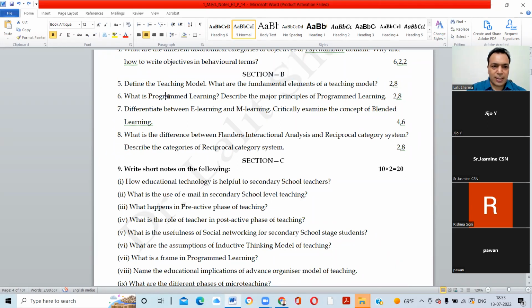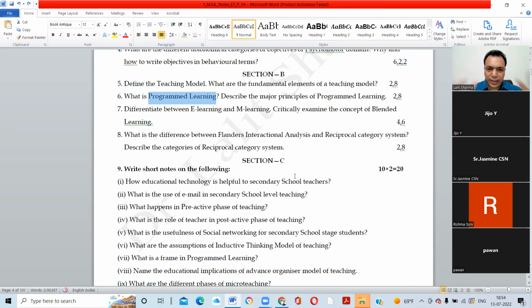Then the question has come, what is programmed learning? Describe the major principles of programmed learning. So here he is asking about the major principles, and it might be possible that in your exam he can ask you to define programmed learning and write the different types of programmed learning, all the 3 types. Then you have to define linear, branching, and mathetics, right?